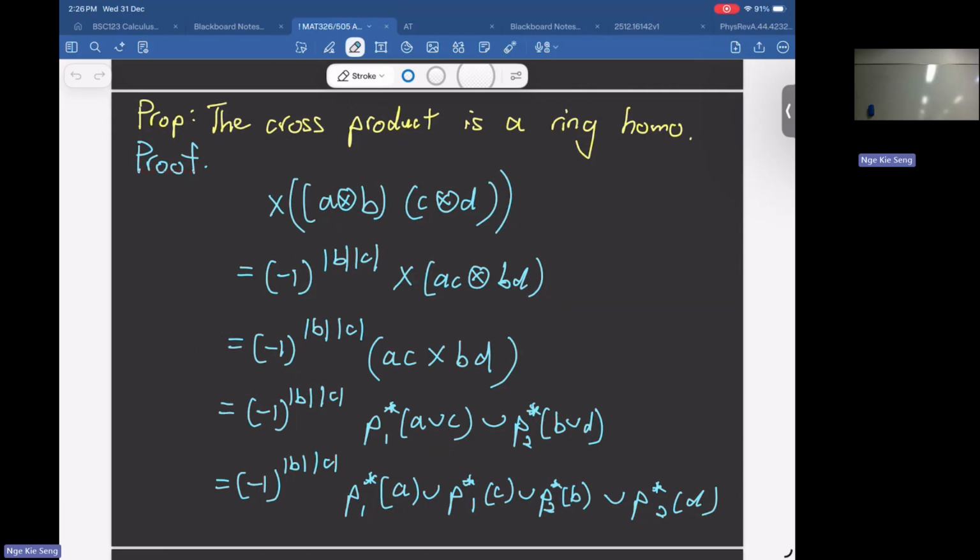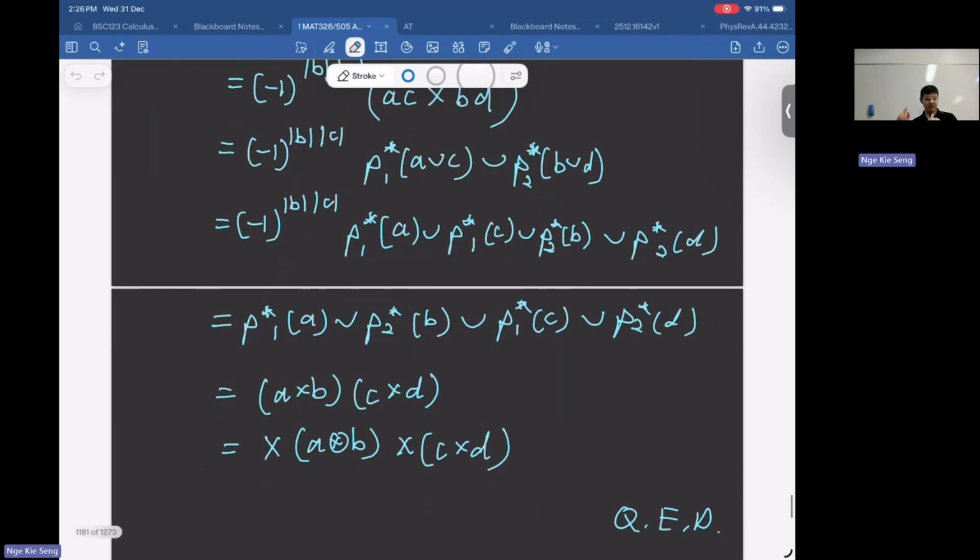But then what can we continue here? Then we want to change position because we want to write it in the form of A cross B and C cross D again. But you can see that B and C, the position is swapped. So we want to swap it back. Remember, under the cup product, when you need to do the swapping, there's a graded sign of minus 1 here. The graded minus 1 actually equals the ring structure that we defined.